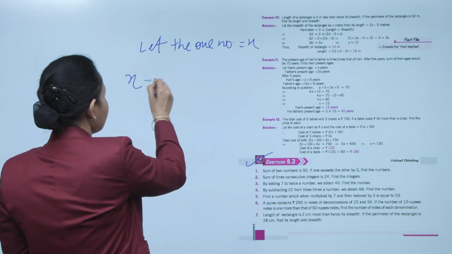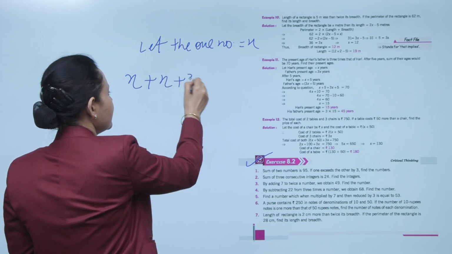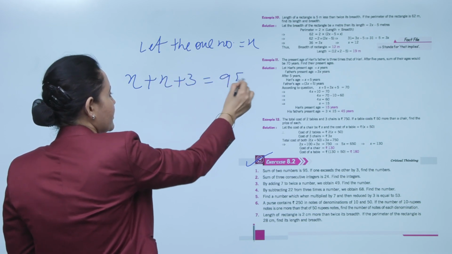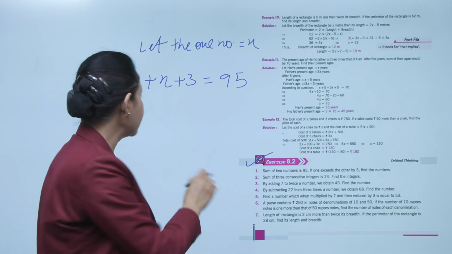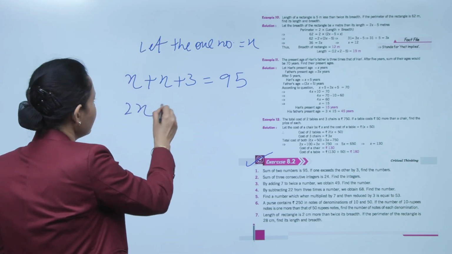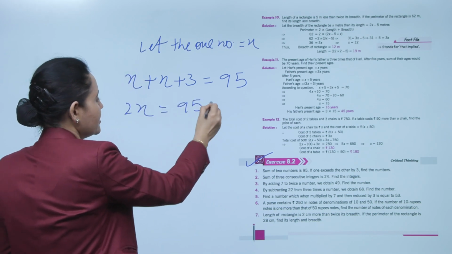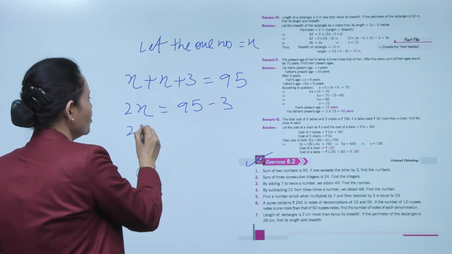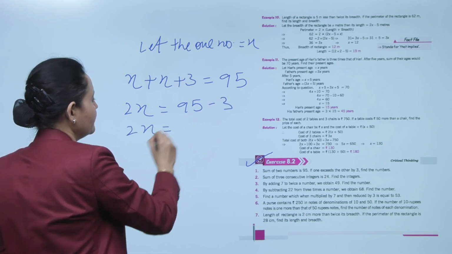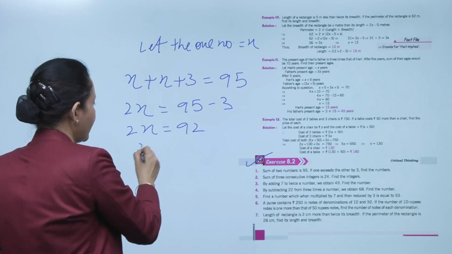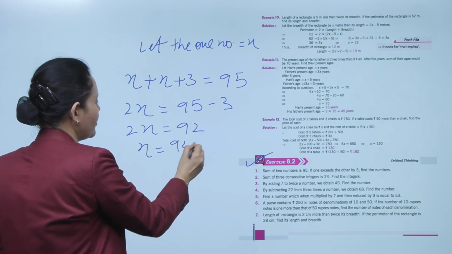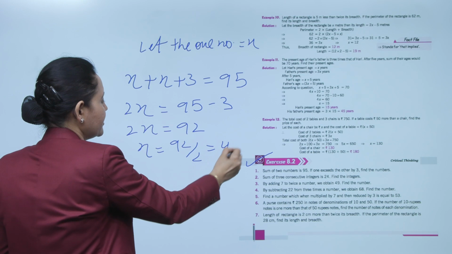So our equation: x plus x plus 3 equals 95. So 2x equals 95 minus 3. So 2x equals 92, x equals 92 upon 2, that is 46.